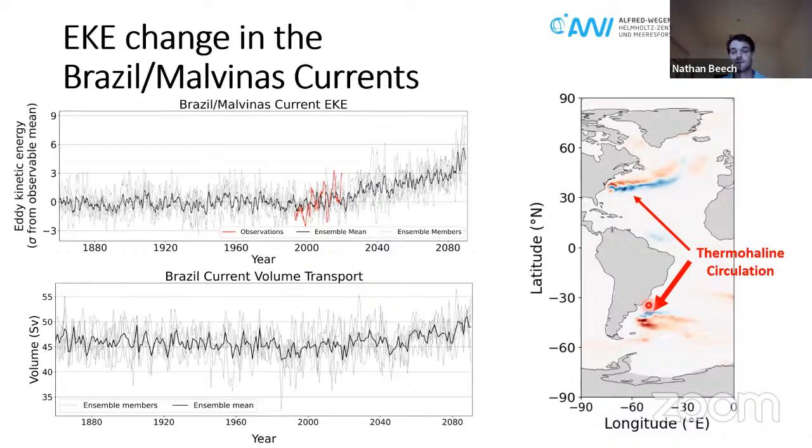So we don't just have surface velocities in the model data set, we have all of the information about the whole globe. And so what we can see is that the Brazil current, which runs south around the coast of Brazil, we see an increasing volume transport there. So more water is passing through this current in the context of climate change, while the eddy activity in this region is increasing.